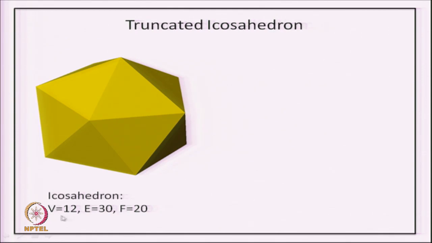It has 12 vertices or corners, 30 edges, and 20 equilateral triangles. All edges are equal, all vertices are identical, with 5 equilateral triangles meeting at each, and all faces are identical equilateral triangles. This is a beautiful solid known as an icosahedron.